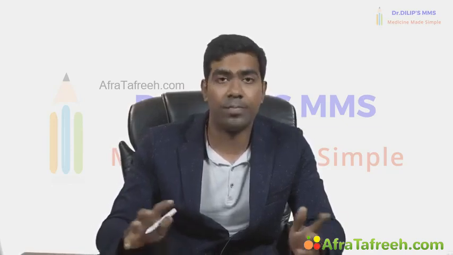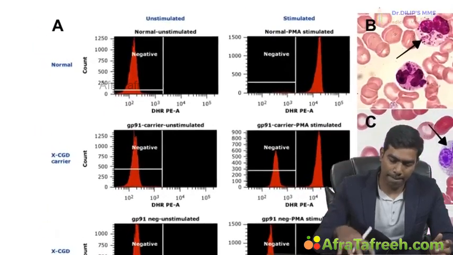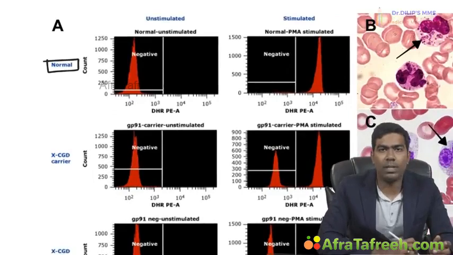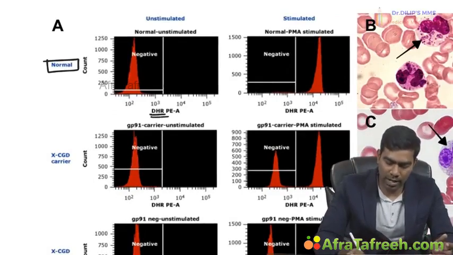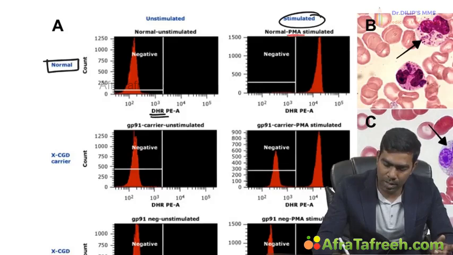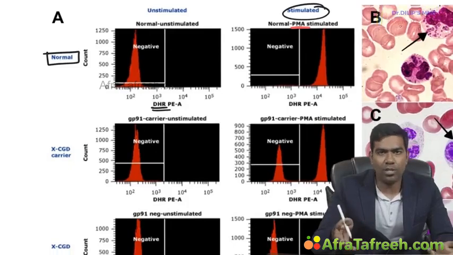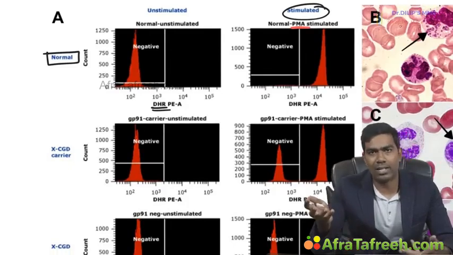So if you want to know how these things are going to be seen in flow cytometry, you can see this picture where you can see this one is the normal thing. This is actually the dihydrorhodamine test. Stimulated means I am going to stimulate with PMA, that is phorbol myristate acetate. So you can see unstimulated, they don't take up the DHR at all.